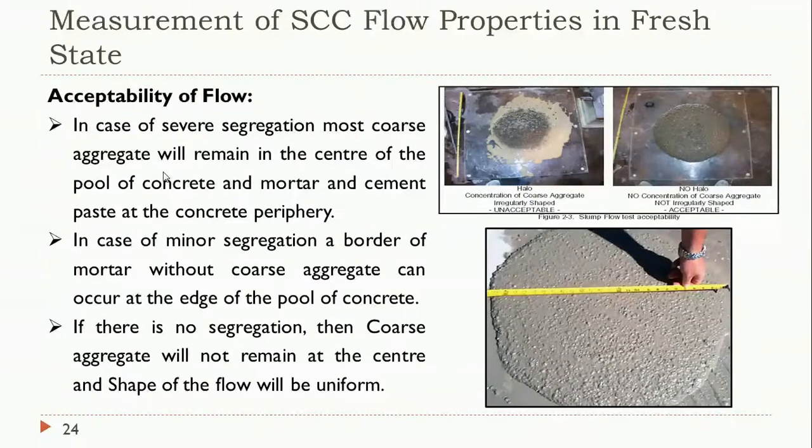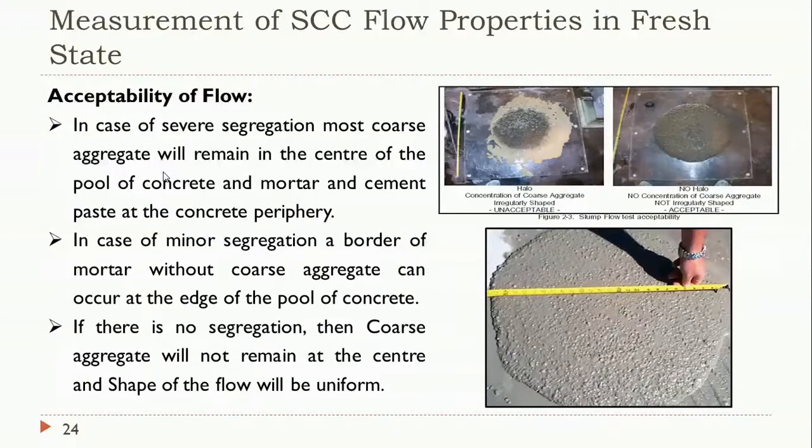If it is a minor segregation, then at the borders, or at the circumference of the flow, there will be only cement paste. Core aggregate will not be there at the periphery of the flow. If there is no segregation, then the core aggregate will not remain at the center, and the shape of the flow will be uniform.